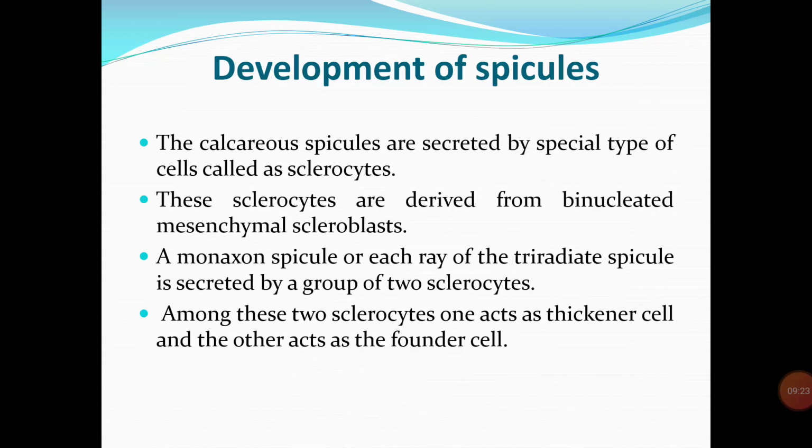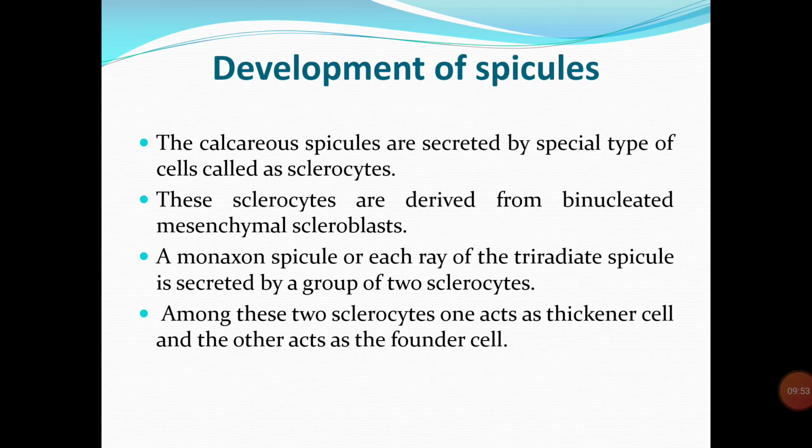The development of spicules. The calcareous spicules are secreted by a special type of cells which are called sclerocytes. These sclerocytes are derived from binucleated mesenchymal scleroblasts. A monoaxon spicule or each ray of a triradiate spicule is secreted by a group of two sclerocytes.